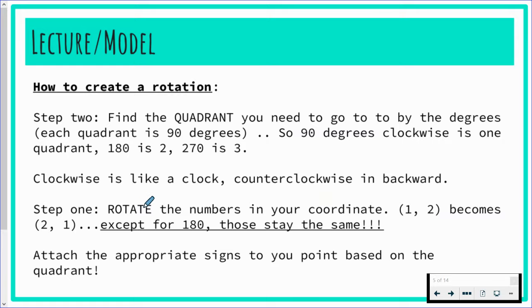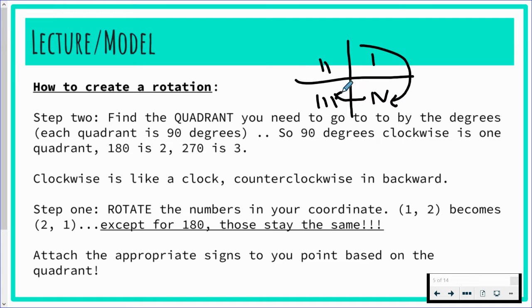Now that we've looked at what a rotation looks like, let's talk about how to do a rotation. The first thing is you're going to be told to either rotate clockwise or counterclockwise. Clockwise goes like a clock, and on the coordinate plane, clockwise would go from quadrant 1 to 4, or from 4 to 3, or from 3 to 2.